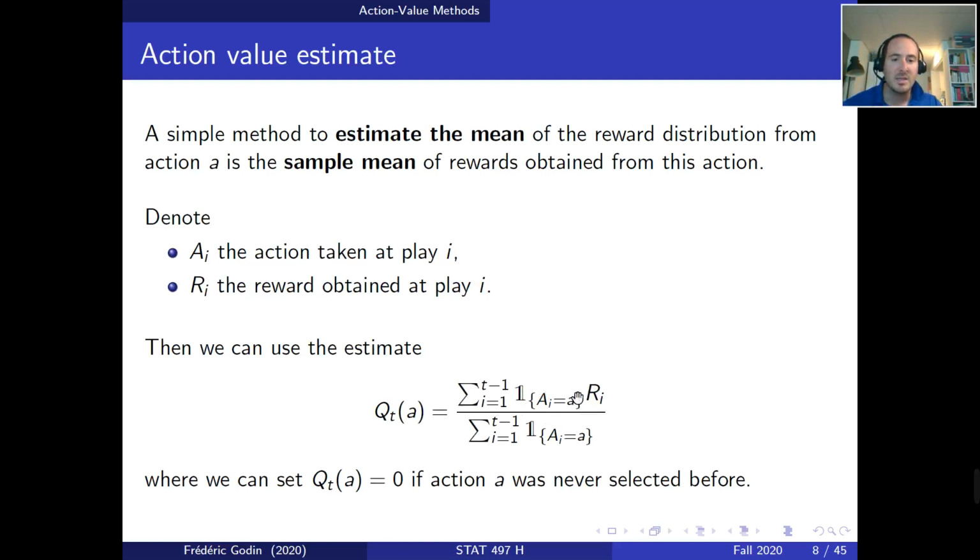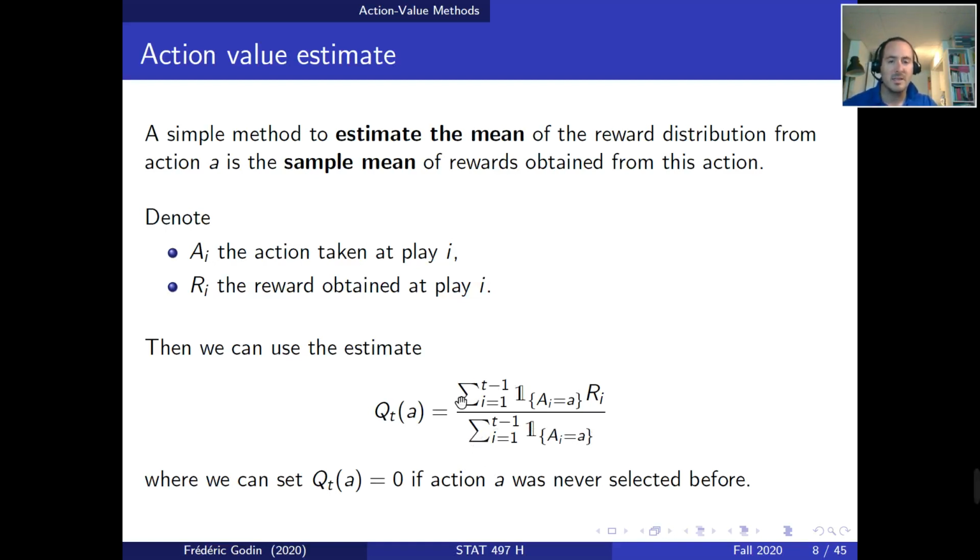And here this is an indicator, which is 1 if the reward was obtained from lever a, and 0 otherwise. So here you sum all the rewards obtained from lever a, and at the denominator, the sum of these indicators simply represents the number of times lever a was sampled.